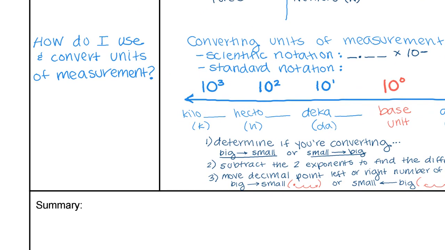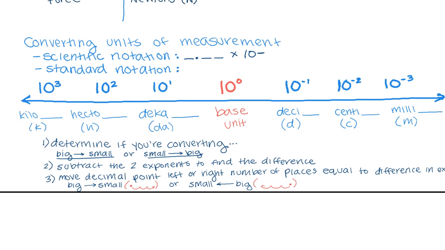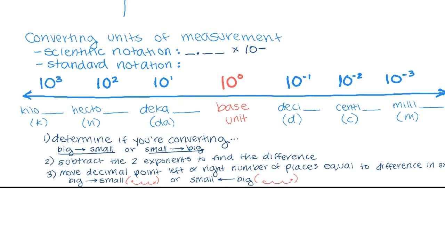Lastly, I do want to cover how we might use this international system unit of measurement to convert units of measurement. Okay, so I did want to draw your attention to how we use this system. We like to talk about this system in terms of scientific notation.